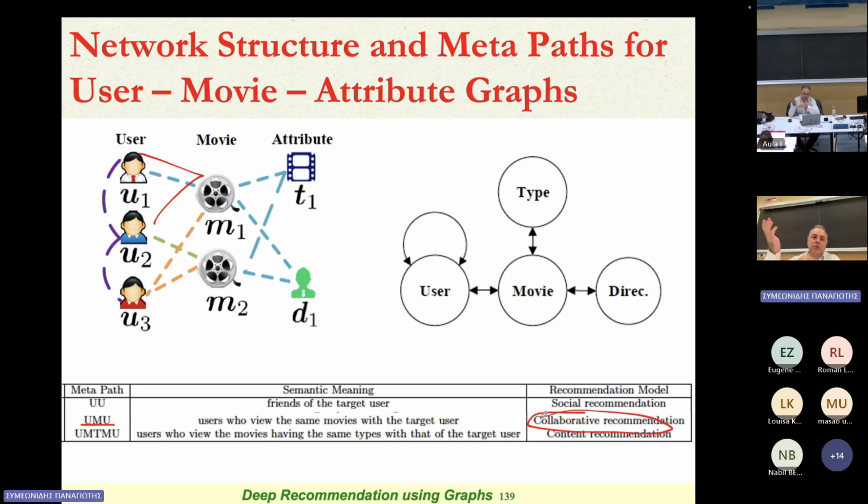So it's all the paths that connect users through a movie. Someone may also only consider the UMTMU metapath, which is those users who view movies having the same type. Okay, so you can concentrate on specific types of connections and run your algorithms only on these metapaths.